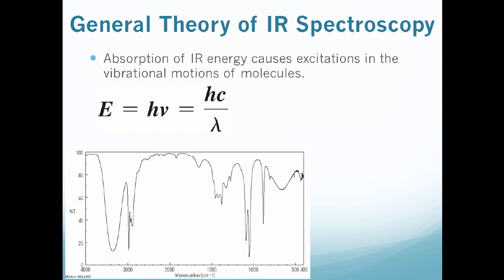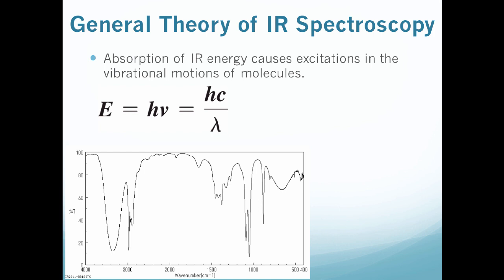Now we can relate energy using this equation E equals h nu, which equals hc over lambda. And of course, E is energy, nu is the frequency, and lambda is the wavelength.